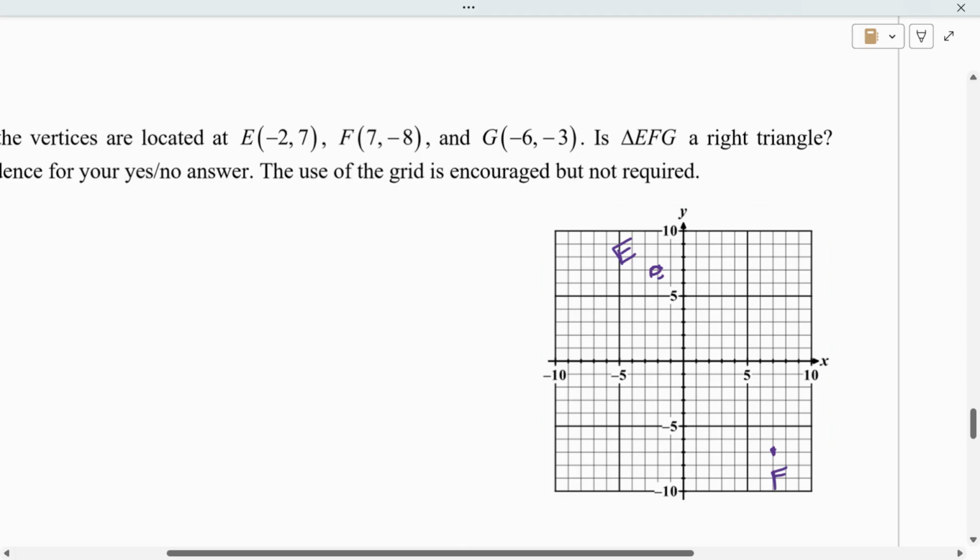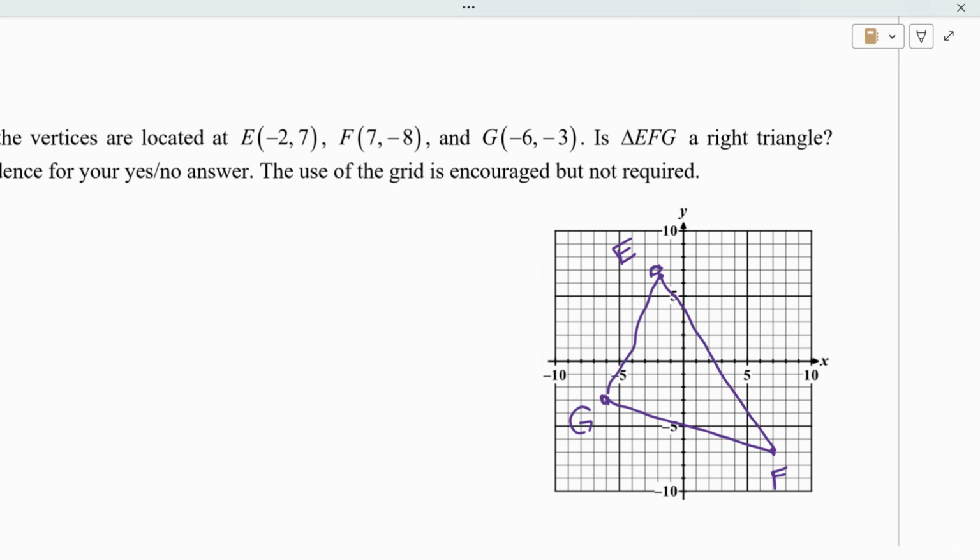And ordered pair G is at -6, -3. So it's asking us if this is a right triangle, yes or no? By looking at the picture, the grid helps. I can tell that the right angle needs to be right here. That's where the right angle should be.